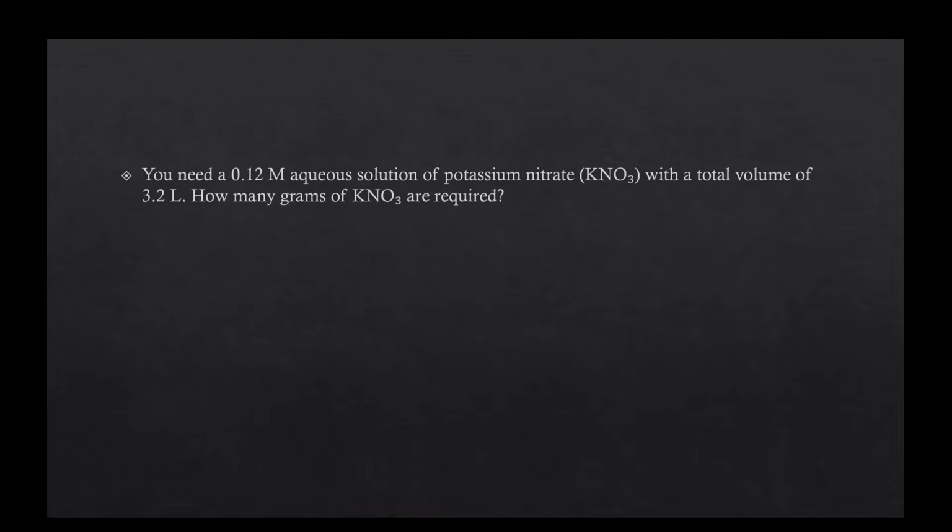Okay, you need a 0.12 M aqueous solution of potassium nitrate with a total volume of 3.2 liters. How many grams of potassium nitrate is required? Okay, so 0.12 moles per liter.